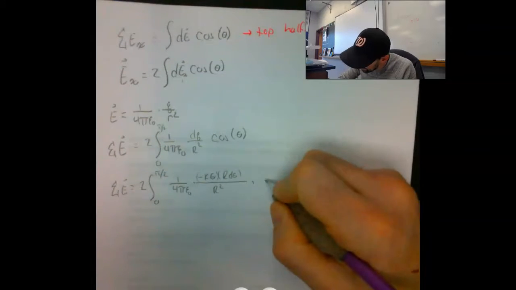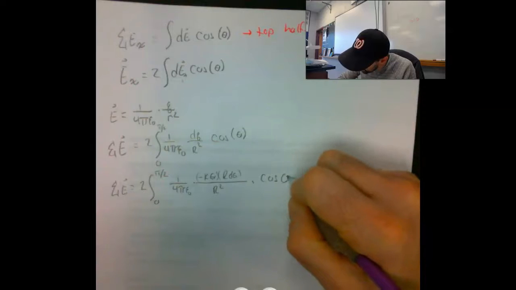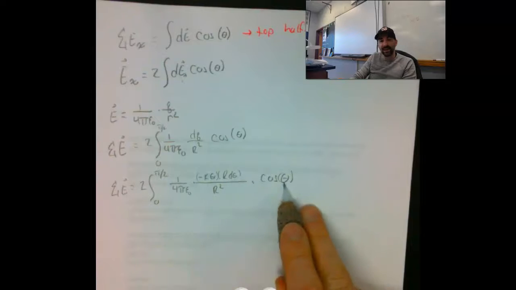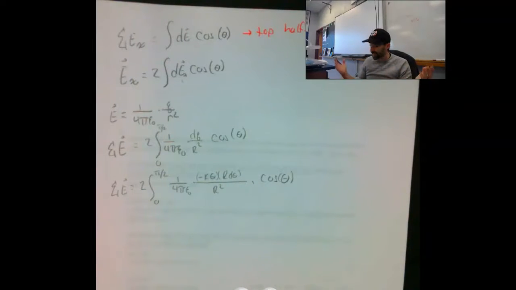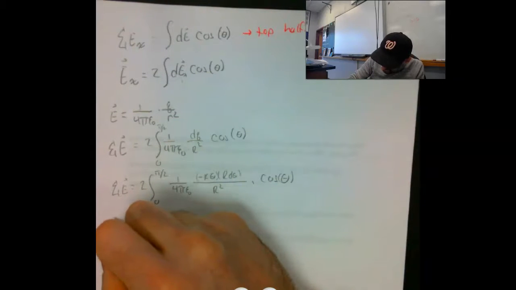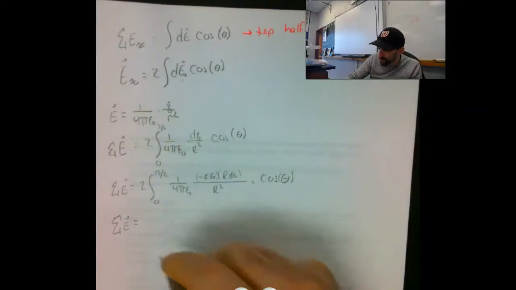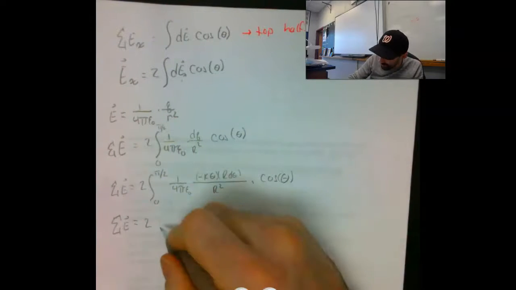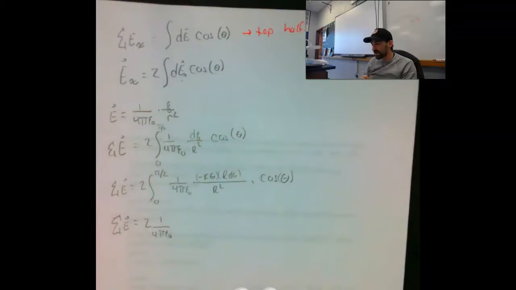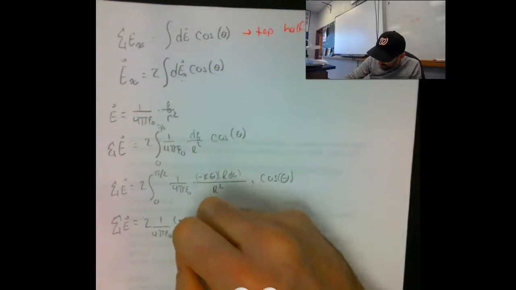That whole thing is times cosine of theta. And now we can see I've got a bunch of constants. I've got a d theta and d theta, so now I'm integrating about the same thing. That's always helpful. To make this a little easier now, let's start pulling out all our constants. My electric field is equal to, keeping that 2, I'm going to pull out the 1 over 4 pi epsilon 0. I'm going to pull out my negative k.